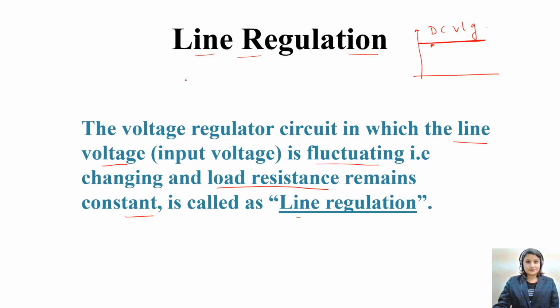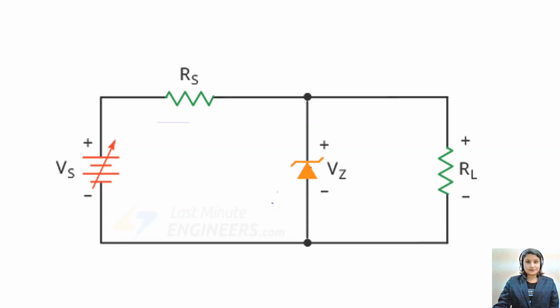That means your Zener diode will try to maintain the fluctuations in supply voltage or the line voltage. Let us see its circuit diagram and then your ideas will be clear.